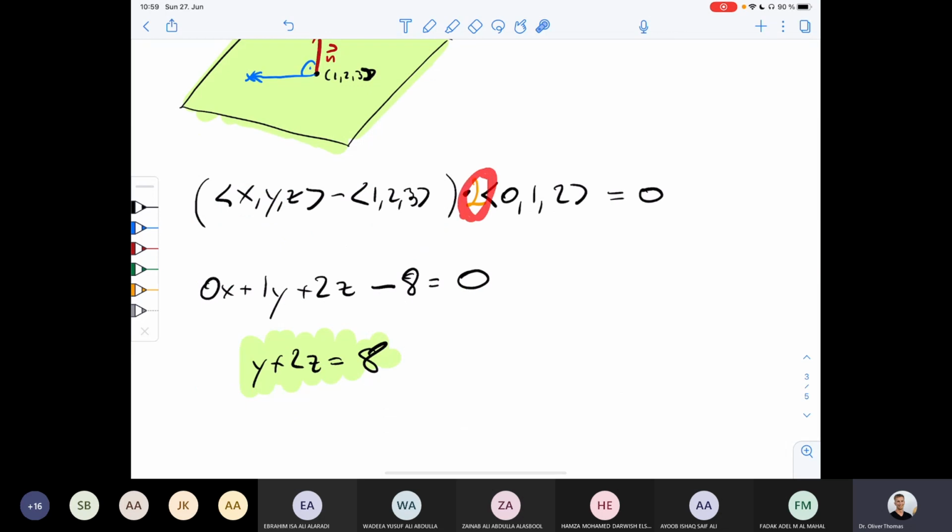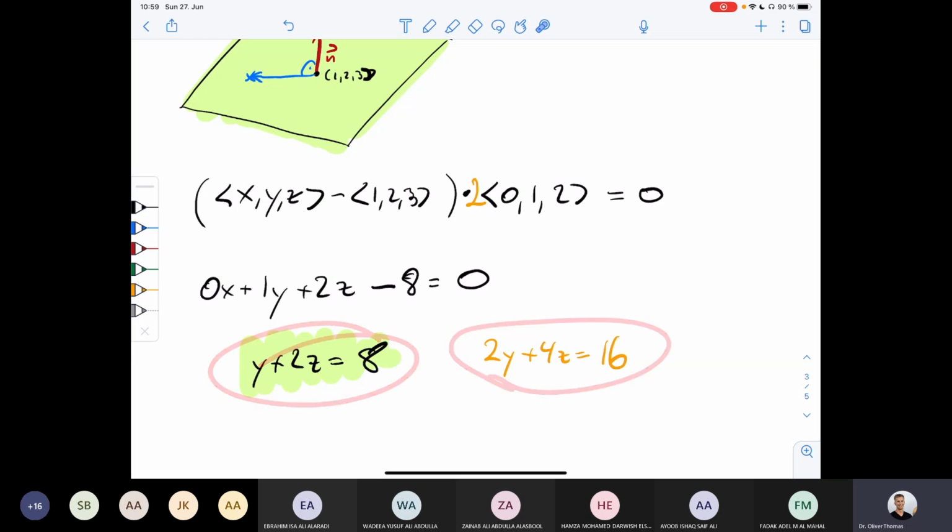For example, if we had used this factor 2 over here, then we would have gotten the equation 2y plus 4z equal to 16, which is a different equation. Of course, this is just 2 times this equation. But in that sense, the answer isn't necessarily unique. Okay.